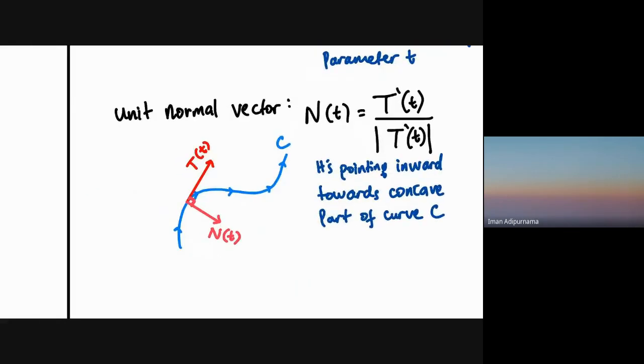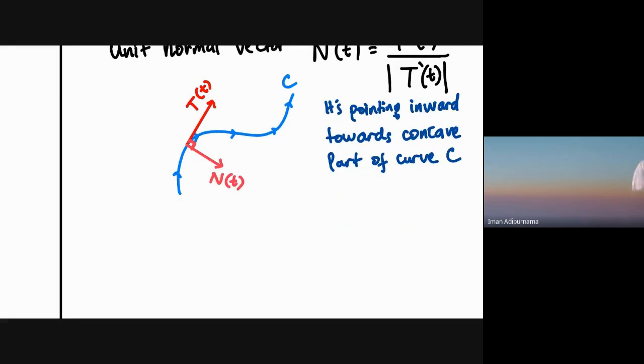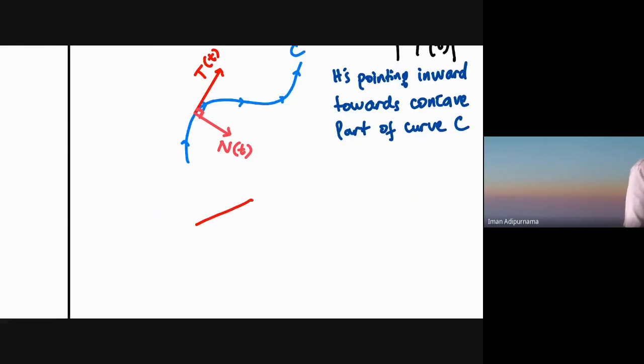Okay. To make it more interesting, the other one is called binormal. The definition of binormal is binormal vector is orthogonal to tangent and to normal. So it's probably here. Okay, got it? So let me maybe make it like this.